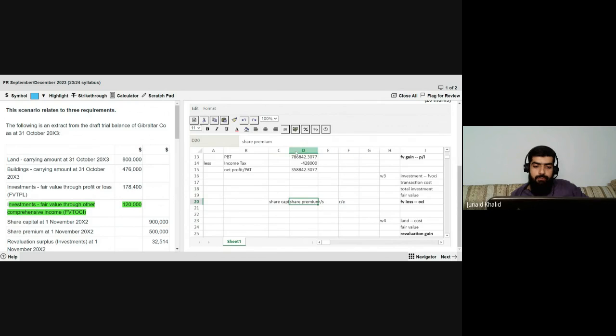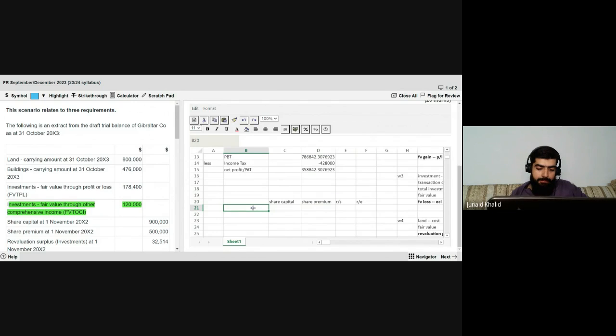So these are the columns which we have prepared. And now we're going to put the balances, that is the opening balances, or we can say the balances at 31st October.